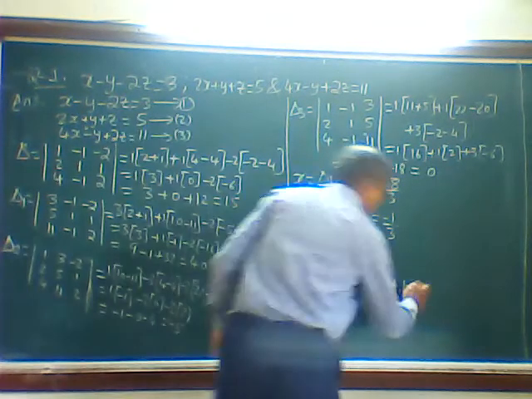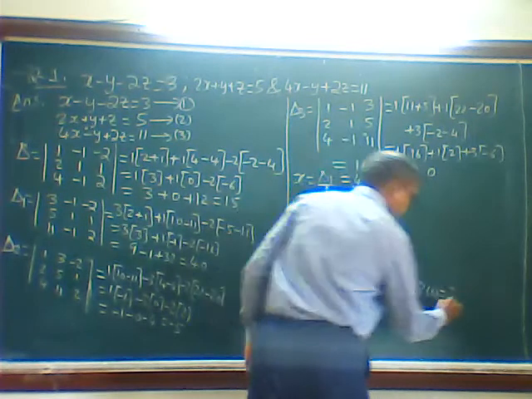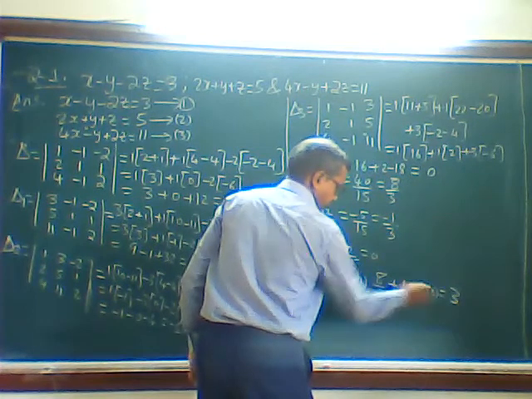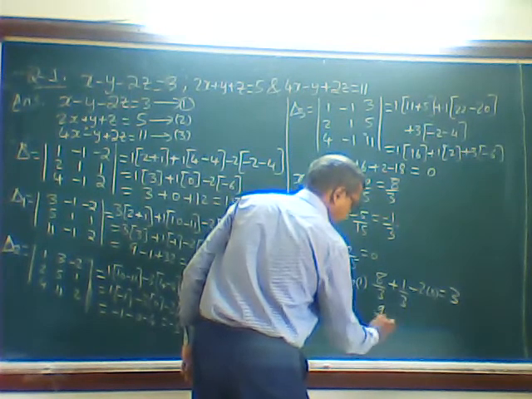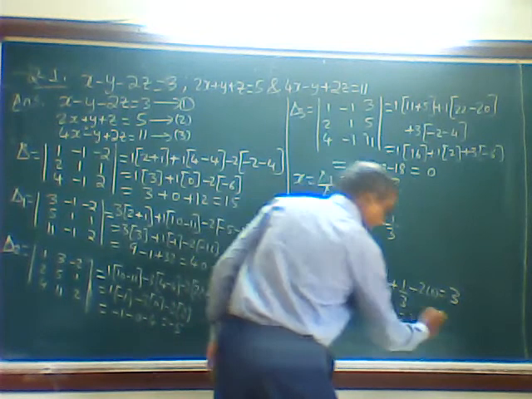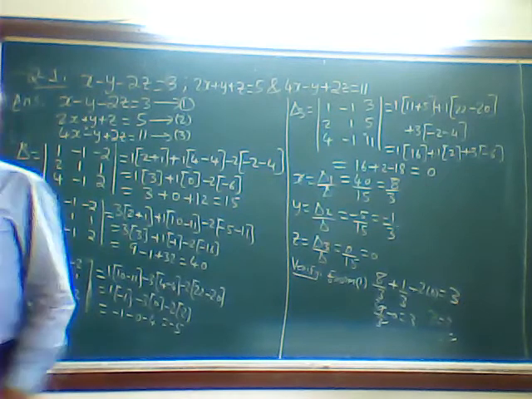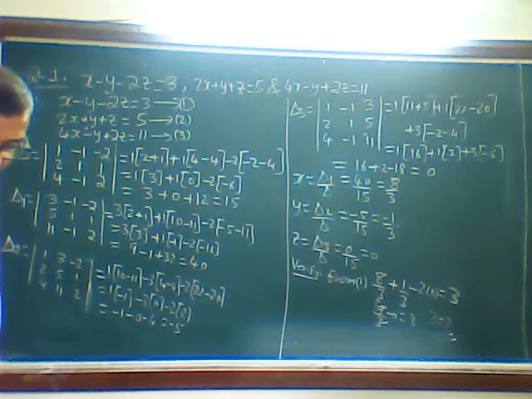Minus 2 into 0 is equal to 3. Now here, this is 0. 8 plus 1 is 9, because 3 is the same. 9 by 3 minus 0 is equal to 3. Therefore, 3 is equal to 3. So our values are correct.